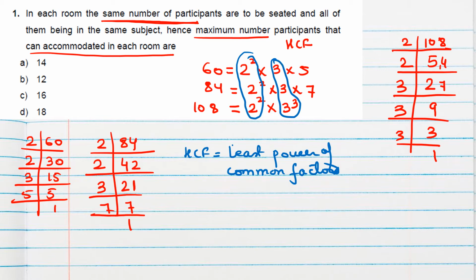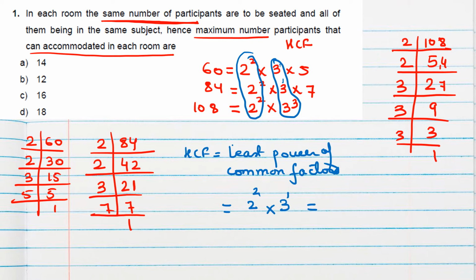If we take the least power, 2 square is there in every number, so we'll take that. And the least power of the common factor 3 is 1, so we'll take 3 power 1 only.